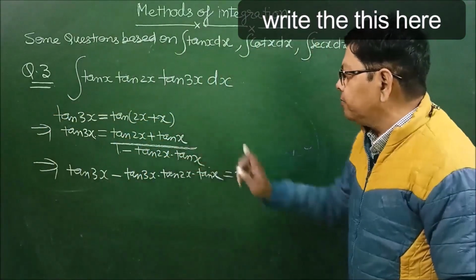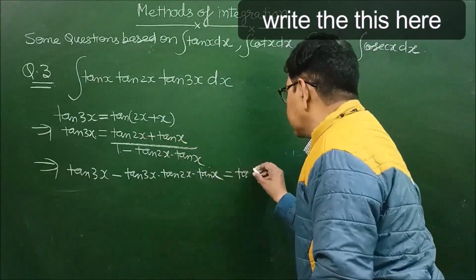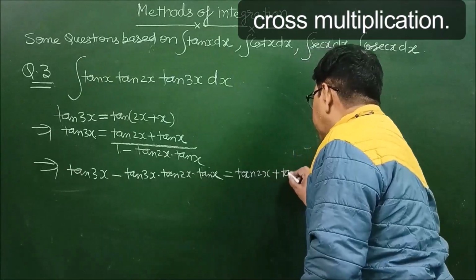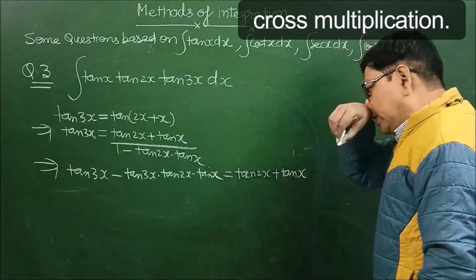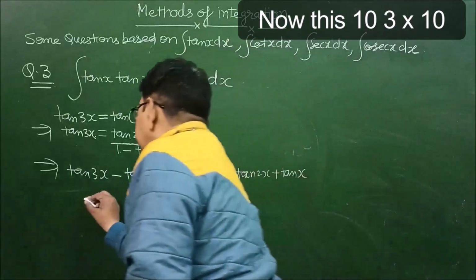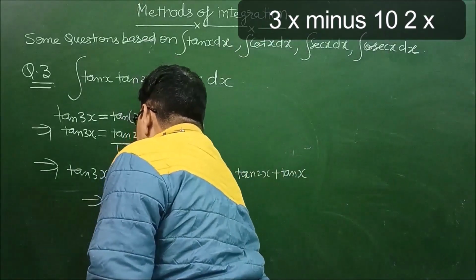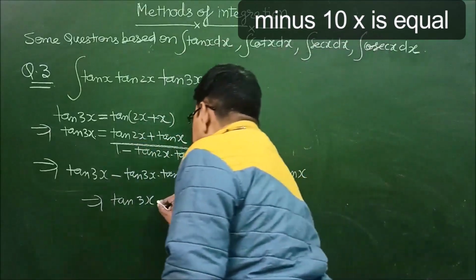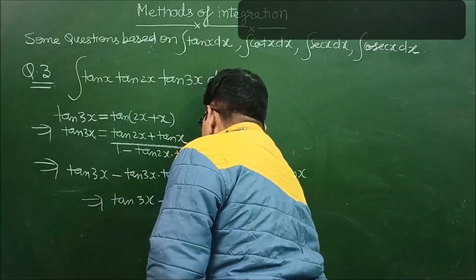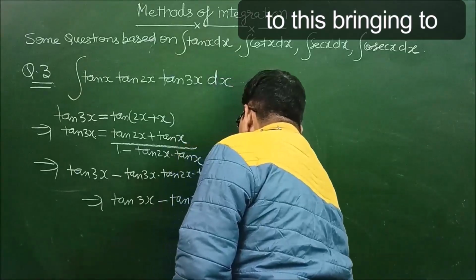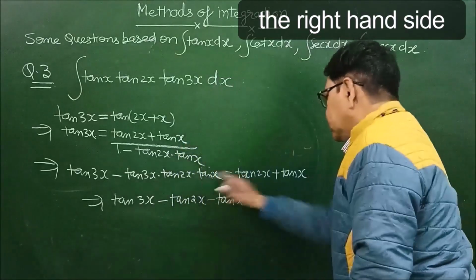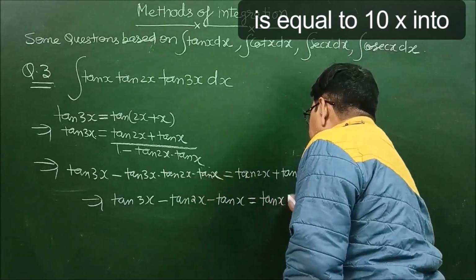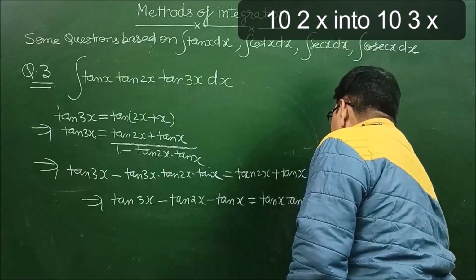plus tan x by cross multiplication. Now this tan 3x minus tan 2x minus tan x is equal to, bringing this to the right hand side, tan x into tan 2x into tan 3x.